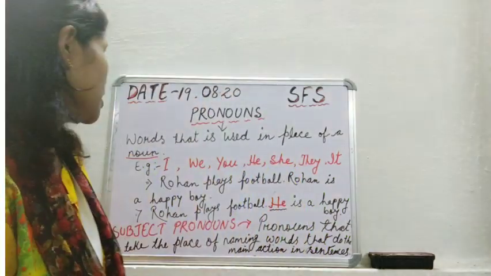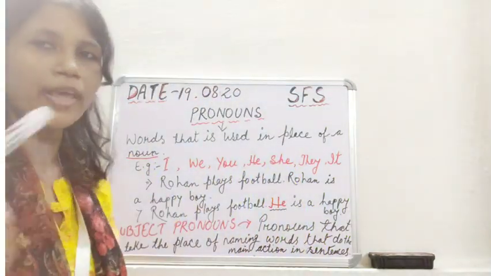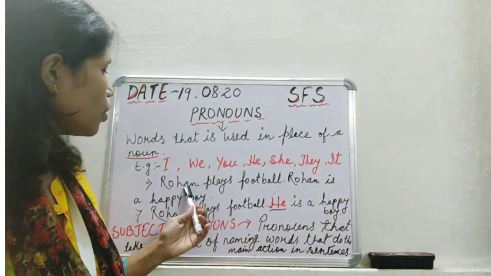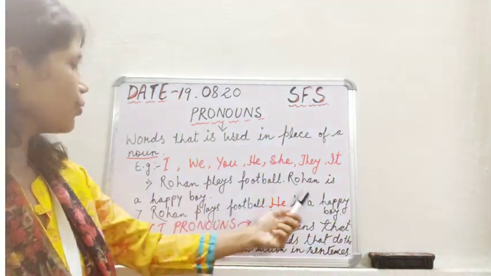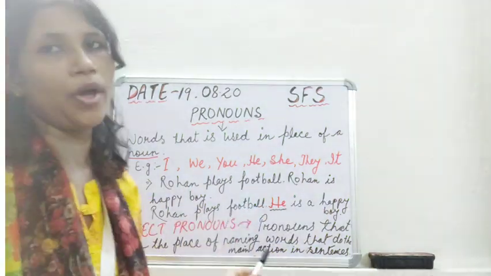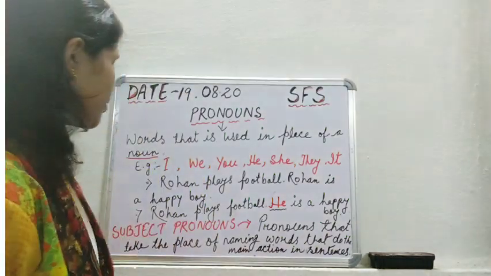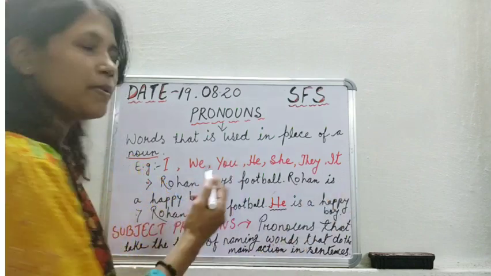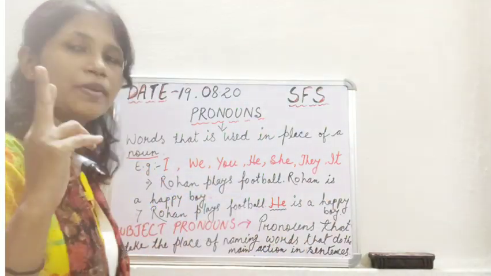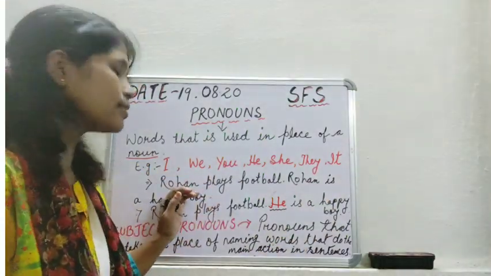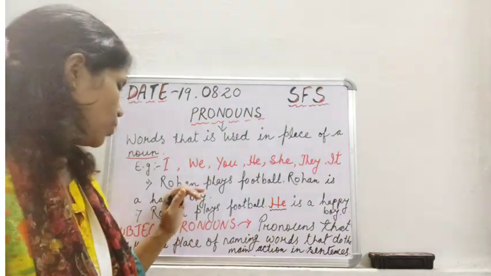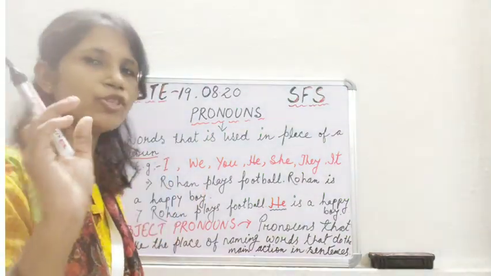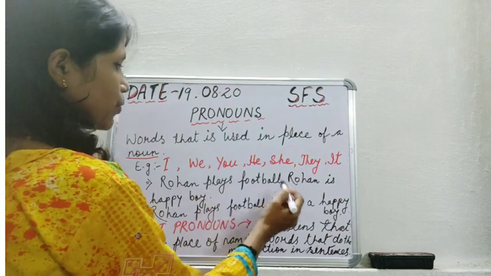Now dear students, let us discuss one example. The example is: Rohan plays football. Rohan is a happy boy. Now here, what has been repeated? Rohan plays football. Rohan is a happy boy. So a word has been repeated. Here, Rohan is a noun, a naming word. The main person, the subject of the sentence, Rohan plays football.